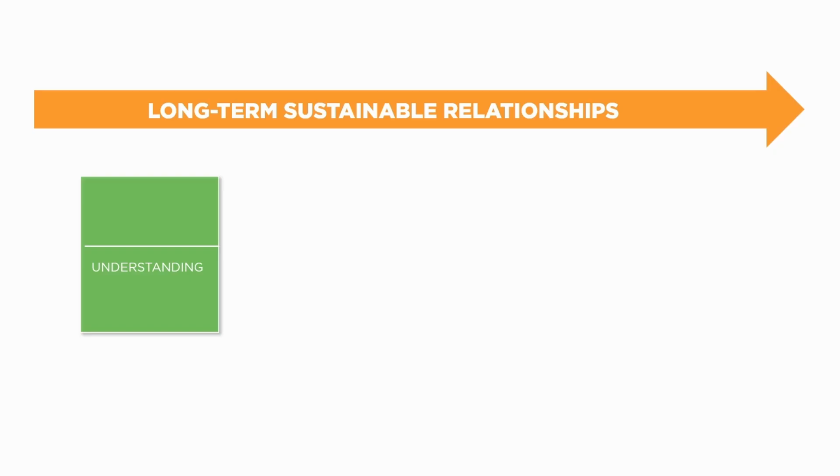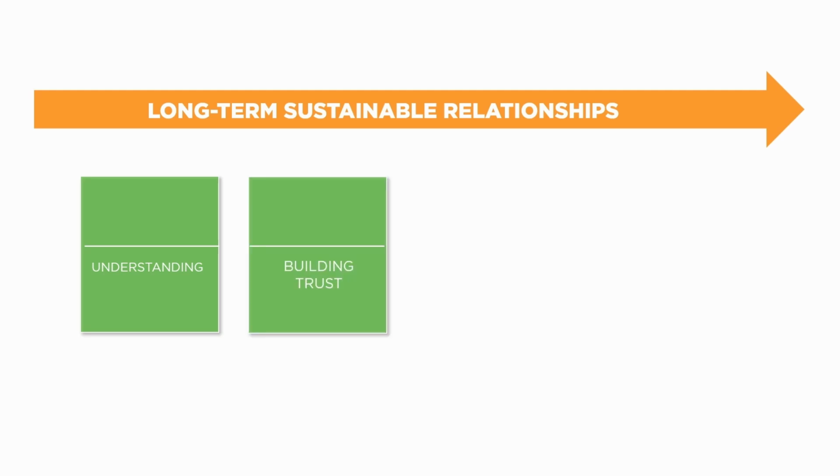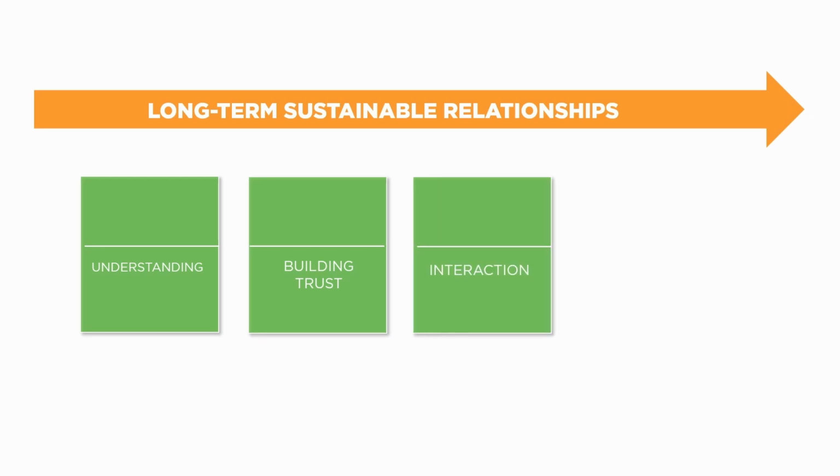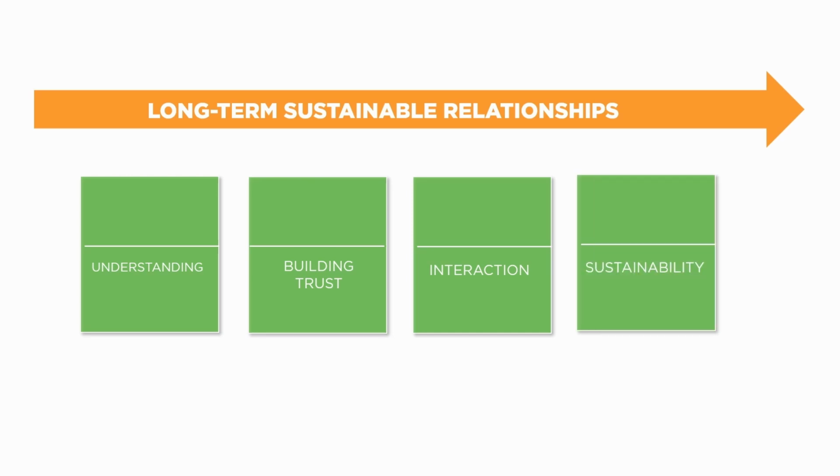It involves the following steps: understanding, learning about the community's needs and issues, then building trust, establishing trust through transparency and honesty, interaction, engaging with the community through various forms of communication, and sustainability, ensuring that engagement efforts are ongoing and adaptable. This framework is useful for companies that are looking to build long-term relationships with their communities.